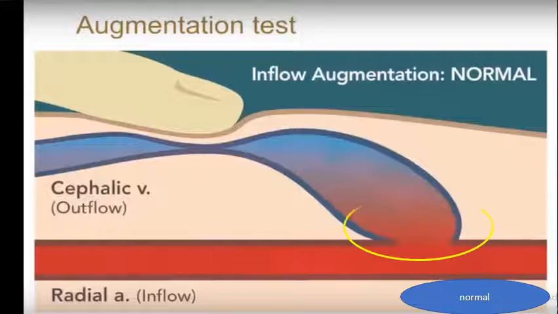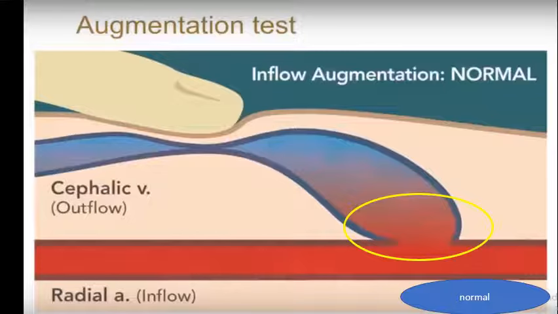This is the site of the AV fistula, the connection between the artery, blue, and the vein above. Usually, you put your finger 2 centimeters away from the site of the fistula, and push your finger down till you close the vein, till you occlude the vein.